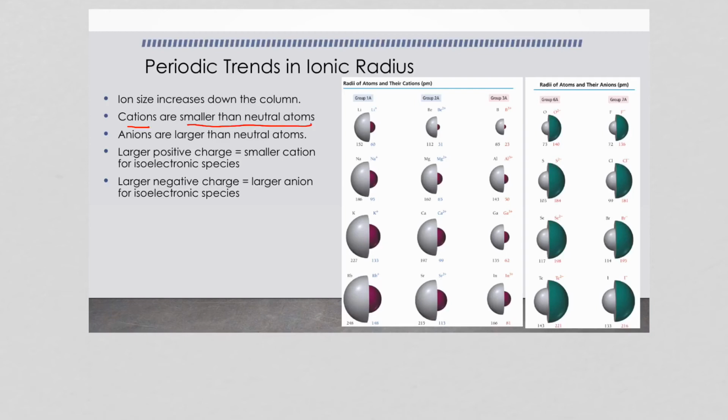If you look at anions or negative ions, anions are always going to be bigger than the neutral atom, right? Because you're adding electrons.